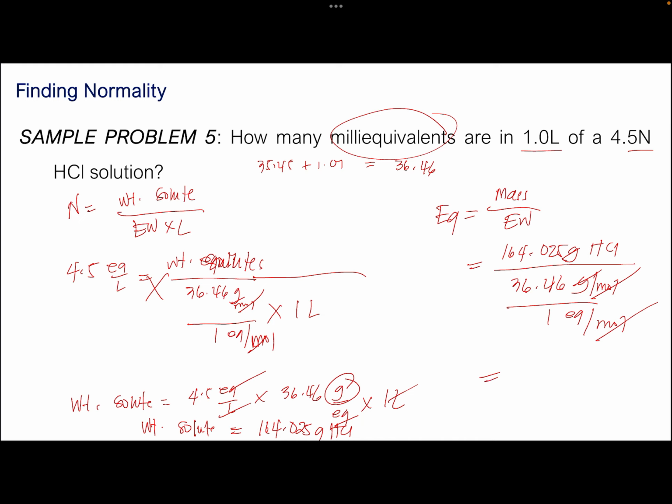So what remains is equivalents. So 4.5 equivalents. But this is milli. So 1 equivalents is equals 1,000 milliequivalents. Multiply by the conversion factor, 1 equivalents, 1,000 milliequivalents, is equals 4,500 milliequivalents. So this will be the answer.